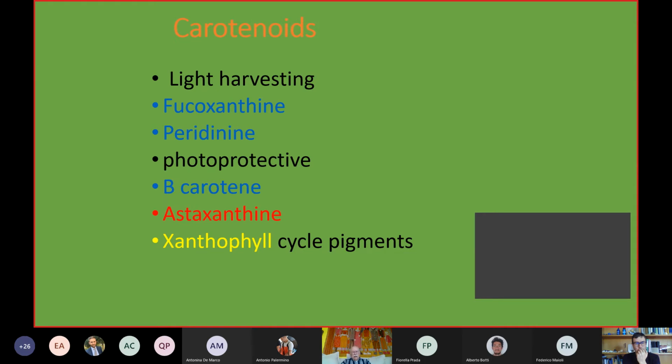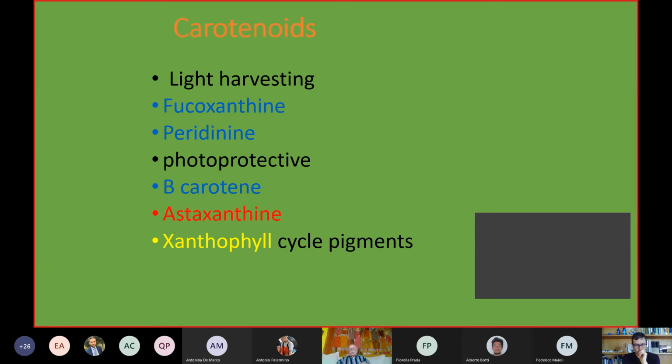Then, under high light, you have beta-carotene and astaxanthin, both of them what I call the sunglasses of the photosynthetic apparatus, and also the xanthophyll cycle pigments. I didn't want to go into this.